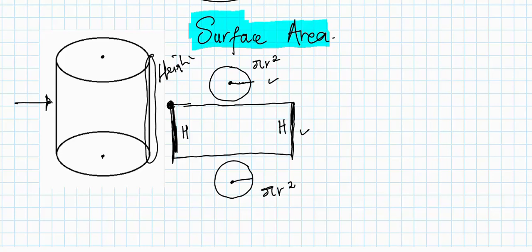Now, we have this point from here. Let me use a different colored pen so that you see what I'm talking about. We have this point from here moving on up until there. This is the part that we are going to roll around like this so that it forms a cylinder, right?